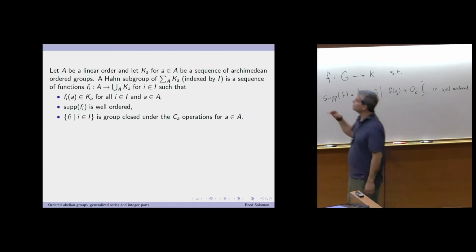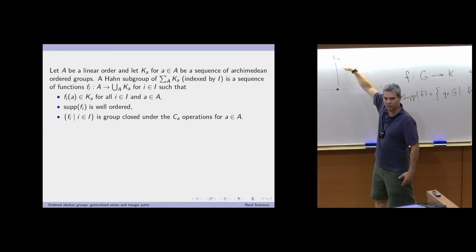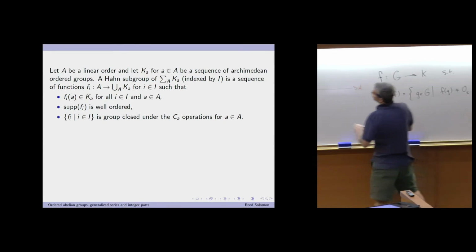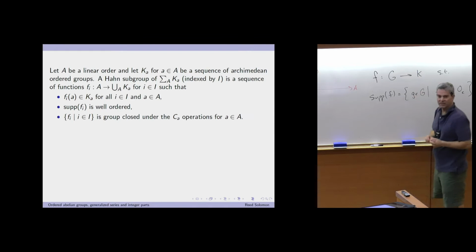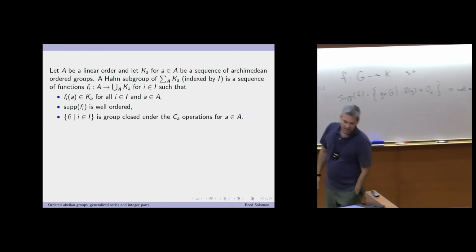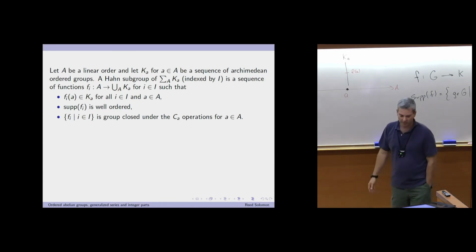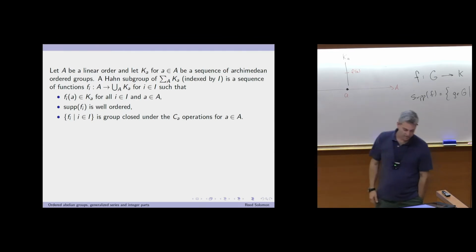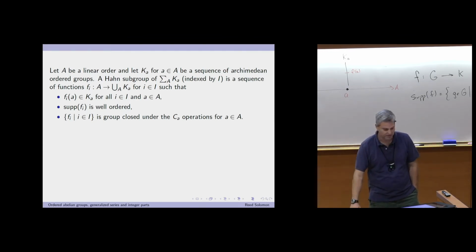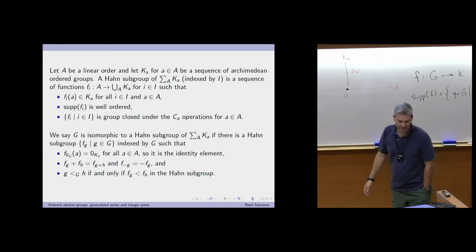And what should the functions do? They should be functions from A into the union of all of these groups, and the value f(a) at a point a picks out some element of K_a. It should do it in such a way that the support is well ordered, so it's the right type of function, and that these functions form a group, closed under addition and the inverse operation, and closed under these cutoff functions. It's just a fancy way of writing this down.